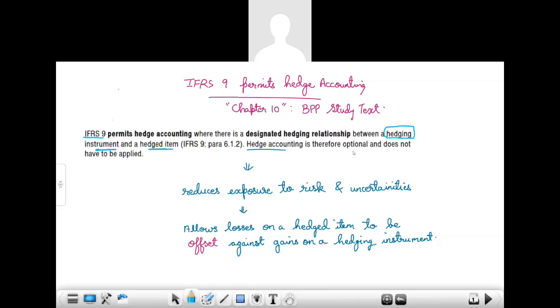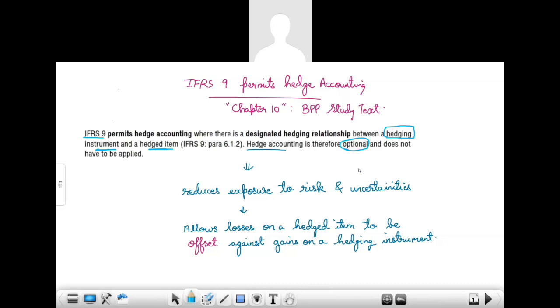Hedge accounting is therefore optional. Very importantly, it is the company's choice whether they want to enter into any extra contract, yes or no. It is entirely optional. It is the company's choice whether they want to mitigate upcoming risk, whether they want to take an insurance policy or not.